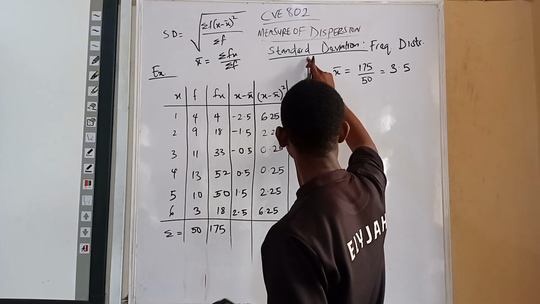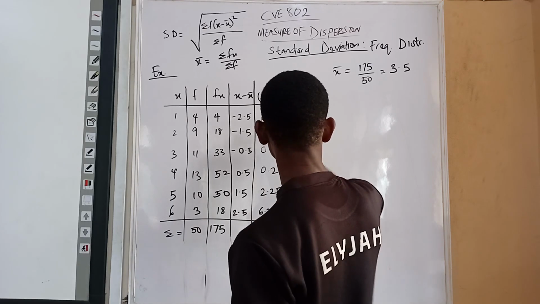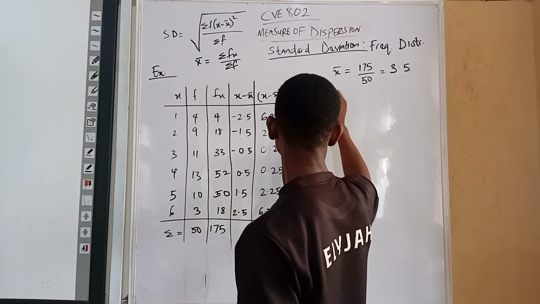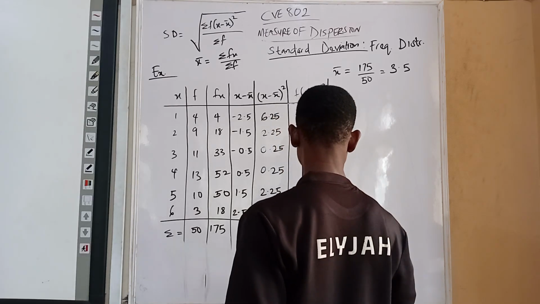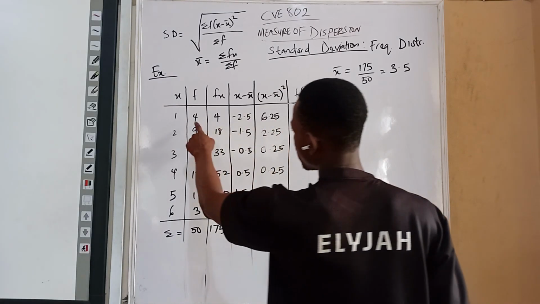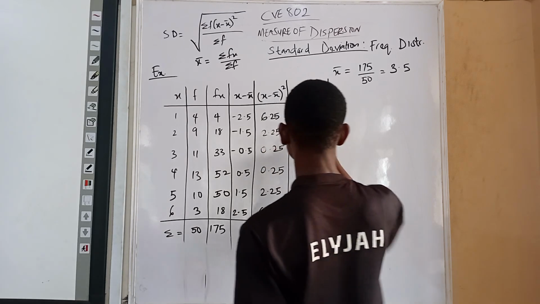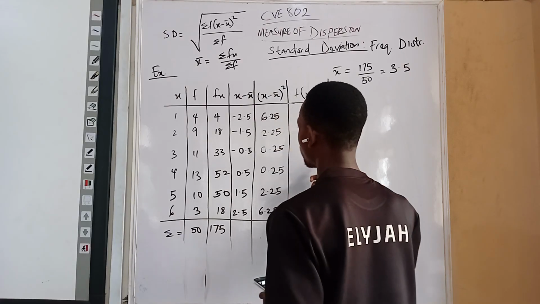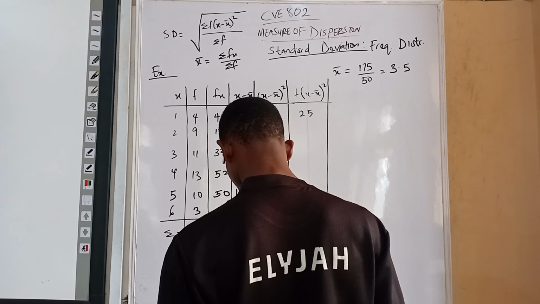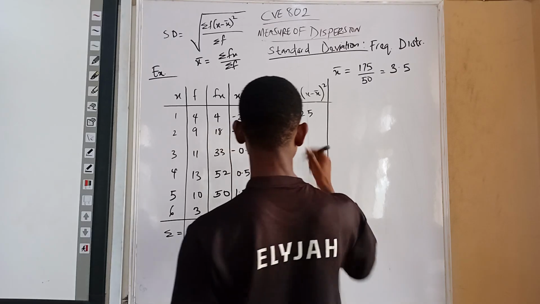The next thing we have to do from the formula is to find f multiplied by each of these values, f into x minus x bar squared. So this will multiply by the frequency. 6.25 times 4 gives us 25. The next one is 9 times 2.25, which is 20.25.